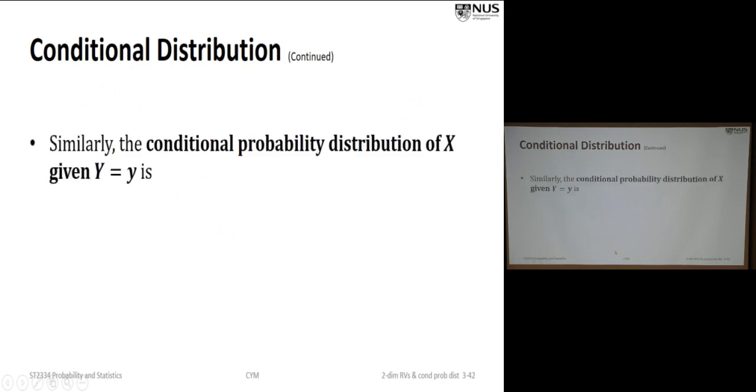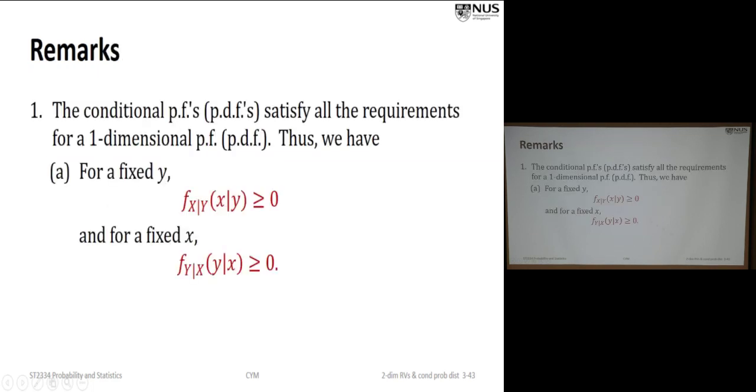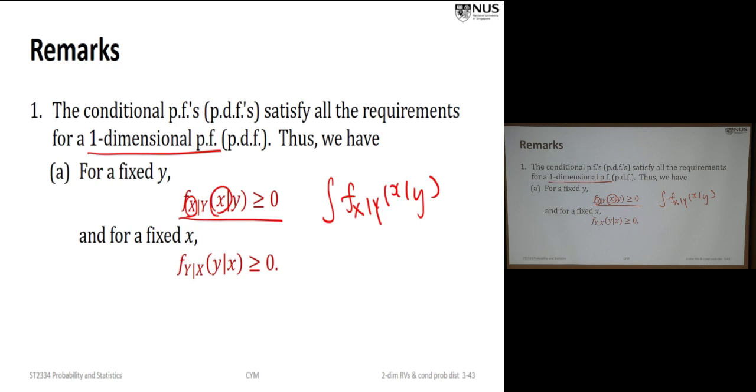This is the same thing, except that now we change to x given y. So the conditional PDF satisfies all the requirements of a one-dimensional PDF. In other words, for the random variable x, the PDF has to be bigger than or equal to 0. And not only that, when we integrate f of x given y, is it dx or dy?